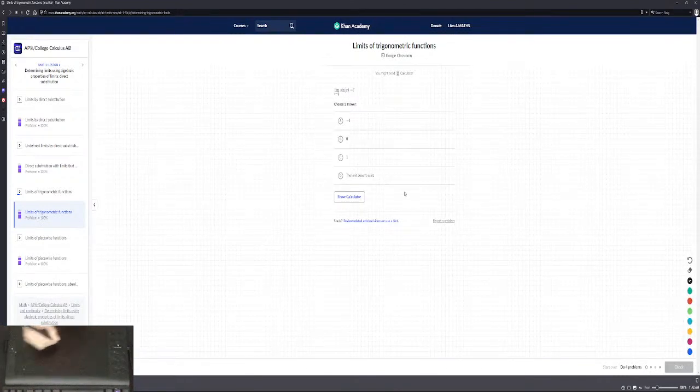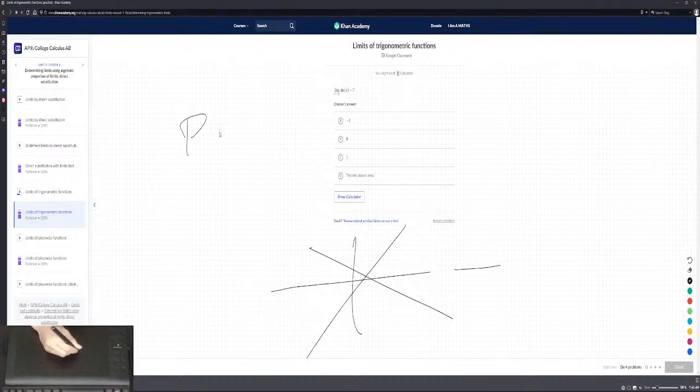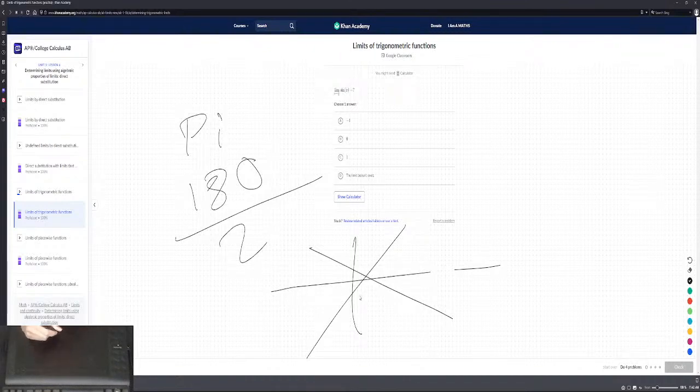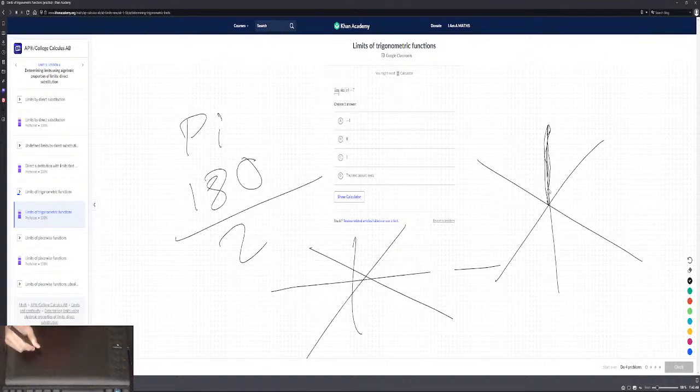Looking at a unit circle, pi is identified as 180. So 180 divided by 2 is 90. And 90 degrees on a unit circle is just a straight line up.